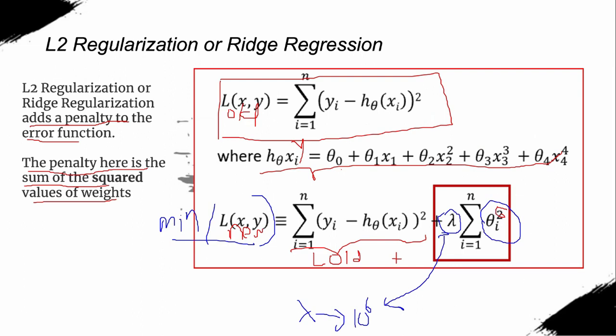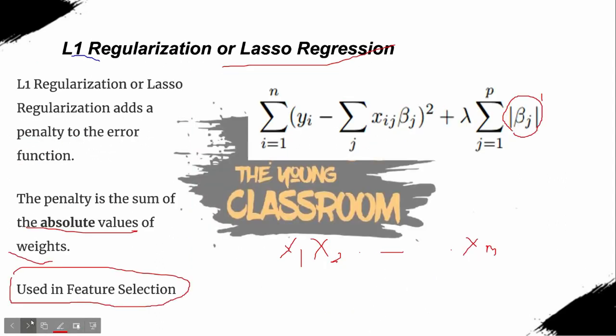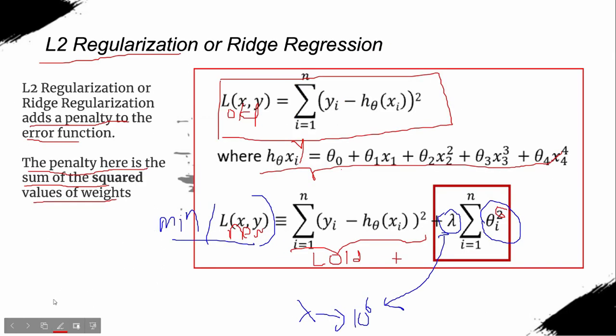In case of L2 regularization, the theta values get very small, close to 0 for values which are not important, and so generally it works the same, and that is why we use L2 regularization more, and L1 is not much preferred.